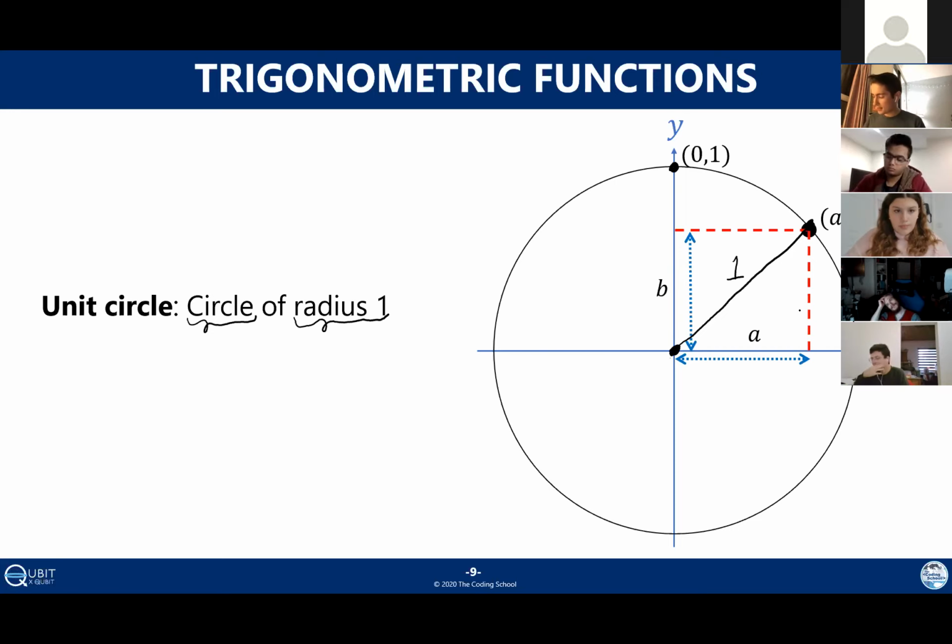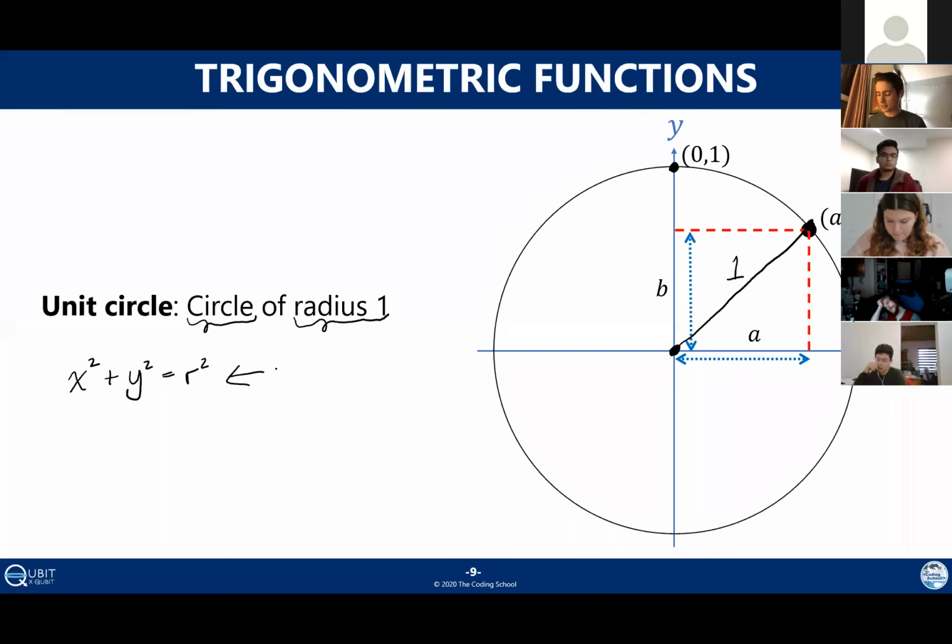Now, we can break this down into its components, and we can look at A and B being the x and y coordinates of our point on the side of the circle here. And I'm going to remind you of the definition of a circle, which is an equation that says x squared plus y squared equals r squared. And all this is telling us is any xy point that appears on a circle will satisfy this equation.